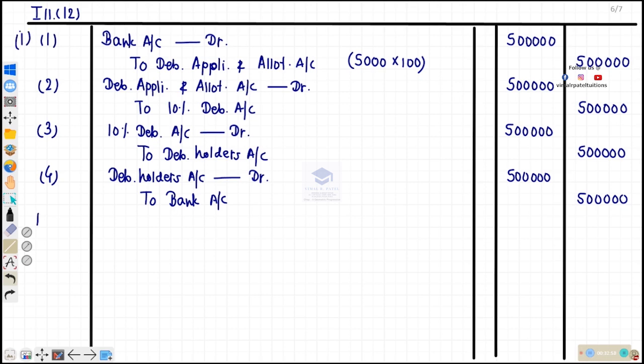Now, second case. 5000 10% debentures of 100 each issued at discount of 5%, redeemable at par. 100 rupees debenture issued at 95 and will be redeemed at 100.